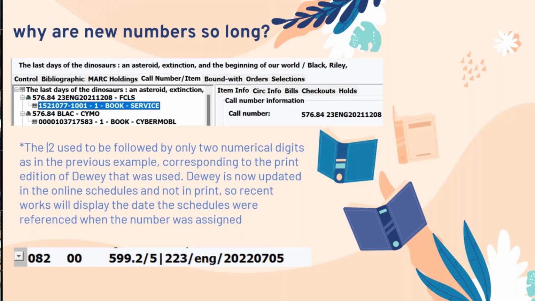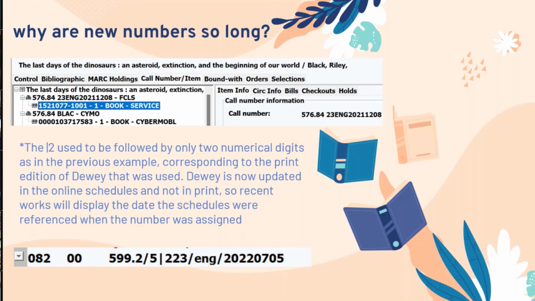So it used to correspond to the print edition of Dewey that was used, but Dewey stopped at the 23rd edition being considered the print edition. So now it's updated in the online schedules, and the Dewey print edition is just print on demand based on online. So the recent works are displaying the date that the schedules were referenced online when the number was assigned.